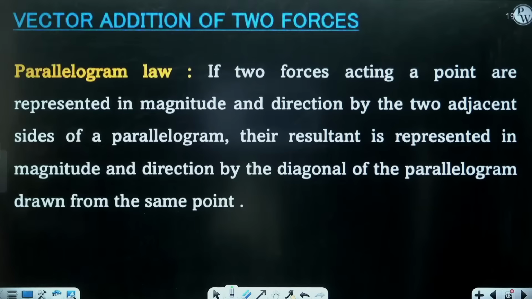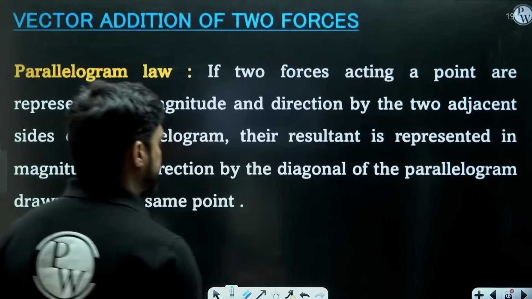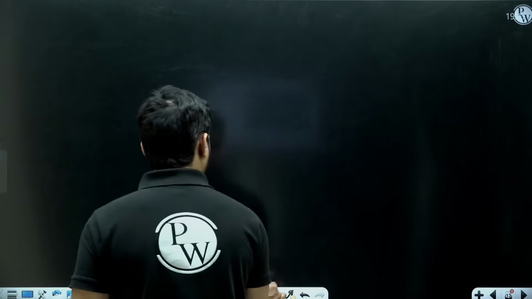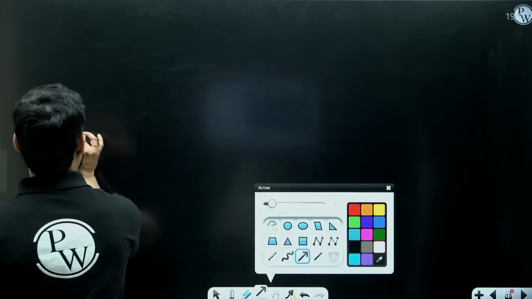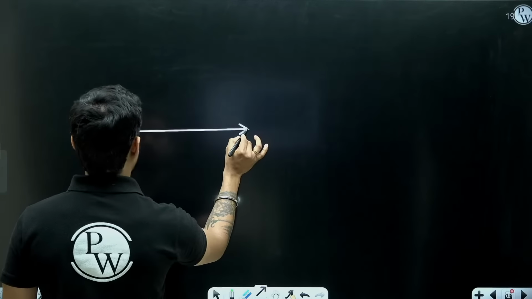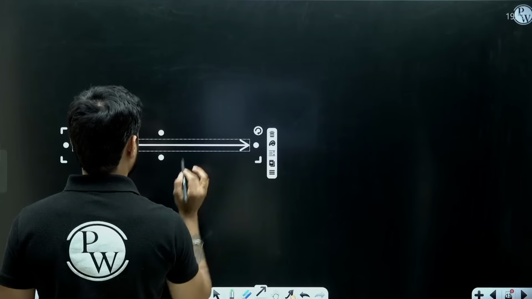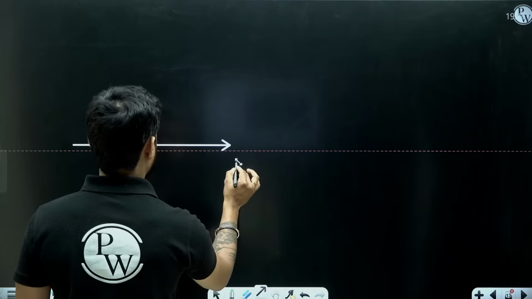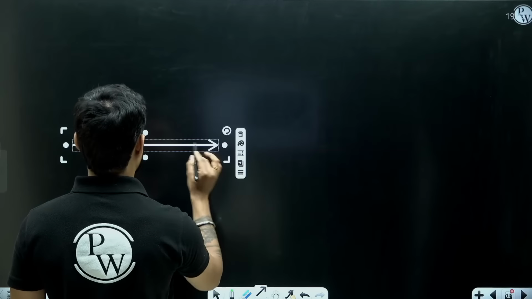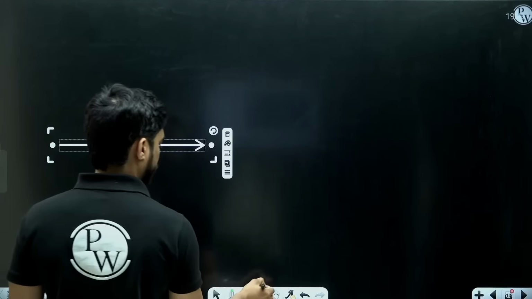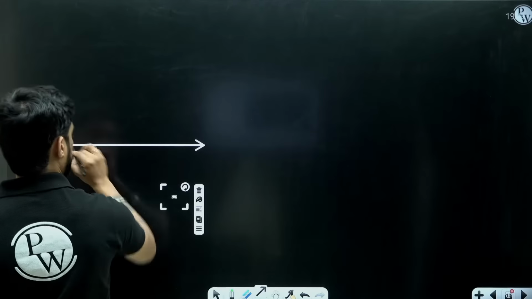Understand it. According to this, let's say that we have two forces acting at a point. Let's say this is force 1, and this is force 2.